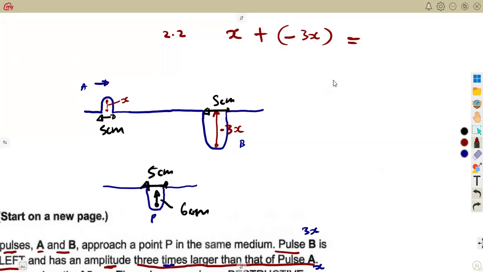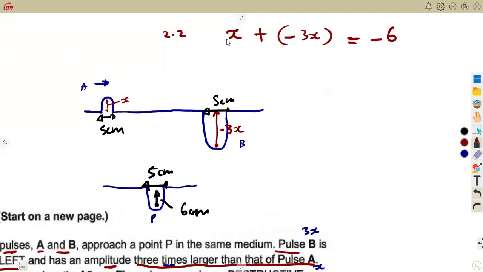The principle is saying you add the amplitudes of pulses that occupy the same space at the same time. So when you add, you're going to obtain -6 because it will be in the negative region. We have formed an equation. Solve for x. We know that at B, it is 3x.